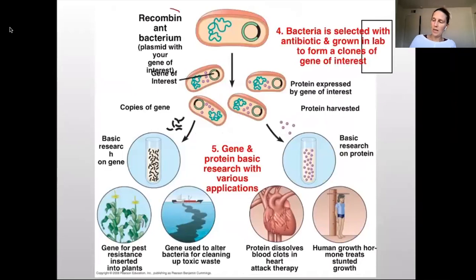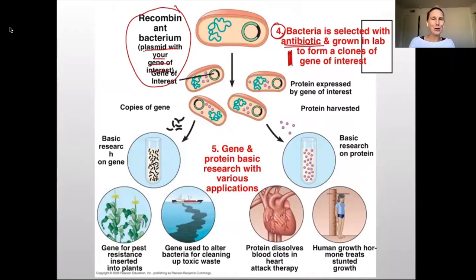So now we have our recombinant bacteria, which contains our plasmid with our gene of interest. And now what we're going to do is select for that bacteria on antibiotic specific plates. And when we do that, the bacteria is going to grow on that agar plate that has antibiotics on it.